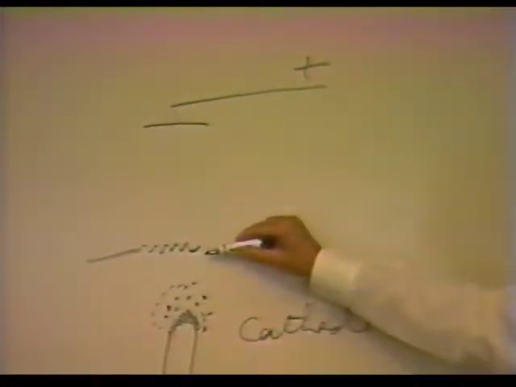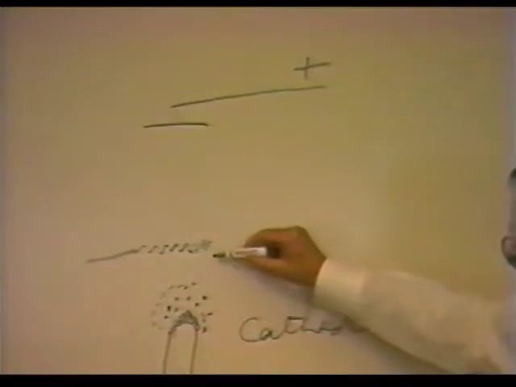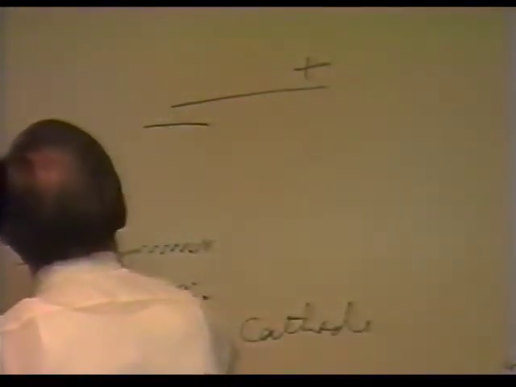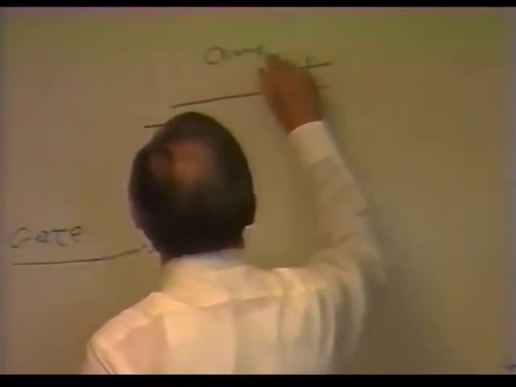But it came out and it was called a gate, and this was called an anode.